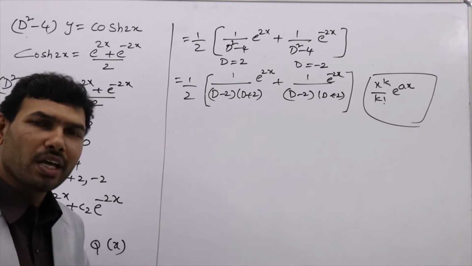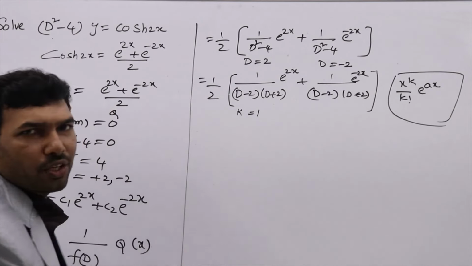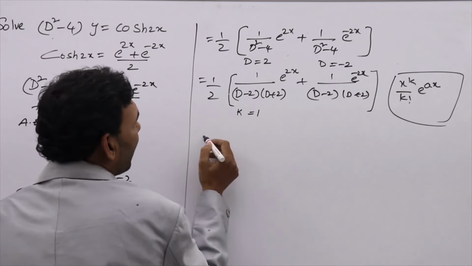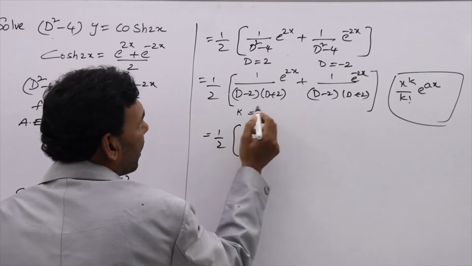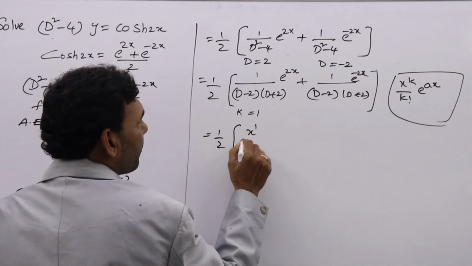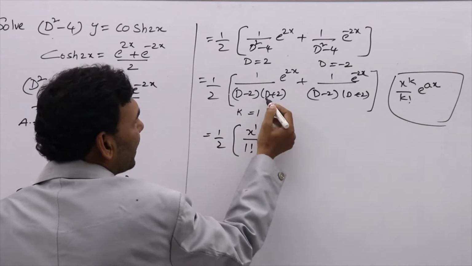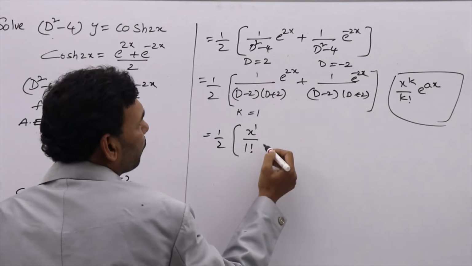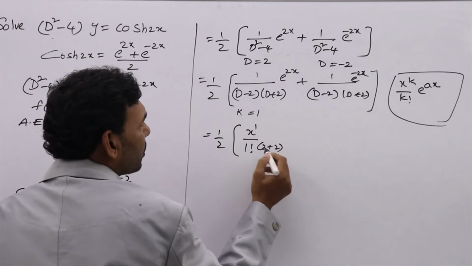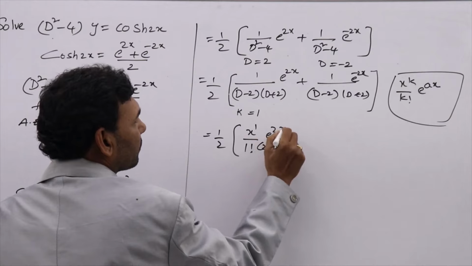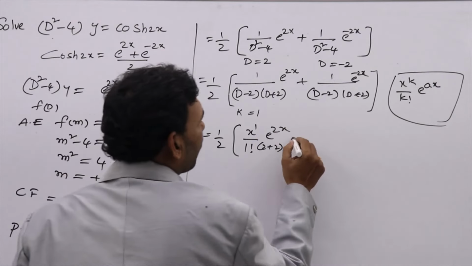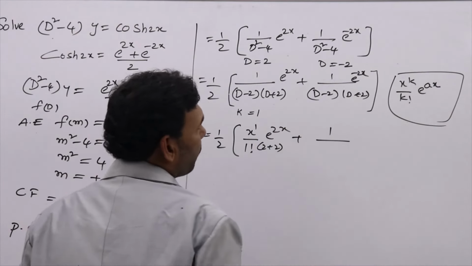If two factors become 0, k is 2. So here, if you write 2 in the place of D, only one factor will become 0. Then in that formula, writing k as 1, x power 1 by 1 factorial. Where you won't get 0, simply substitute. Plus 1 by.